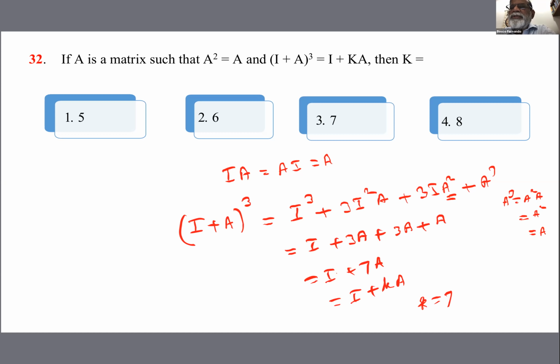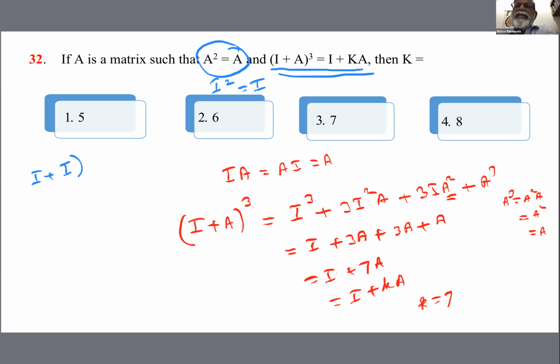Now, this problem can also be done in some other way, some other thinking. A squared is A. So I squared is I. So this identity will be valid only when A equal to I also.